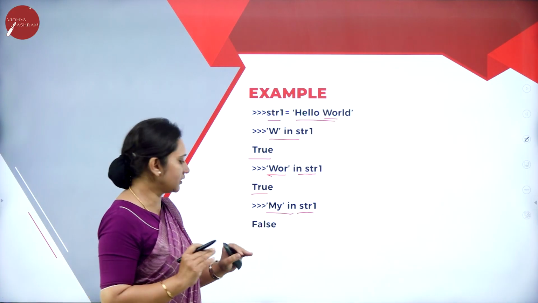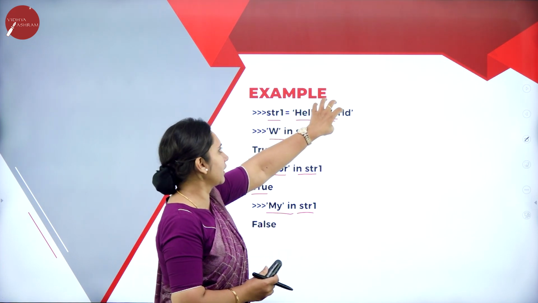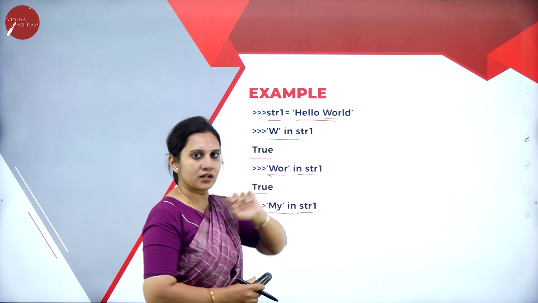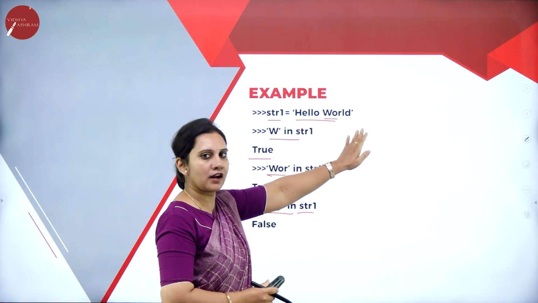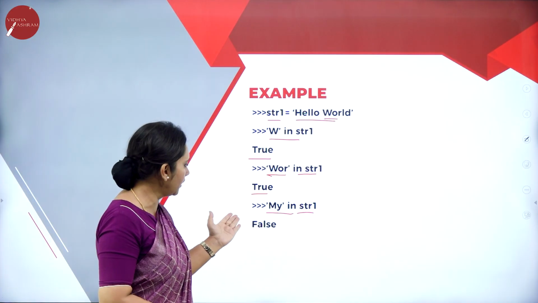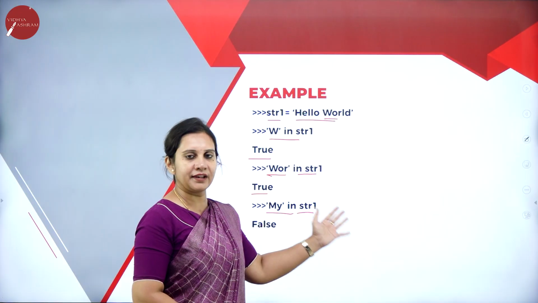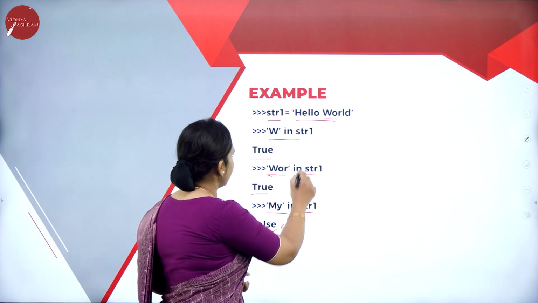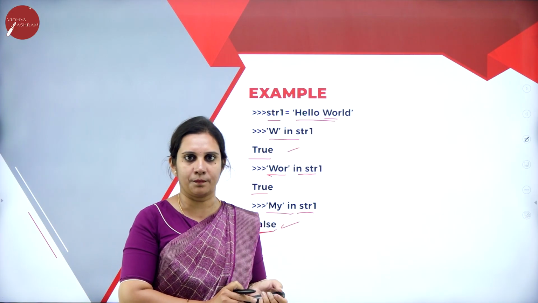MY is not at all there in any of this string. This is one string, this is one string. So hello is one string and world is one string. So MY is not there in any of the strings. So it displays false. So here we are using both in and not in membership operators.